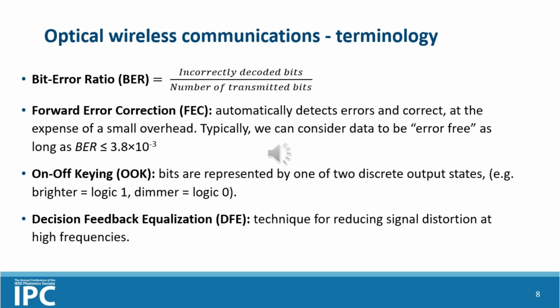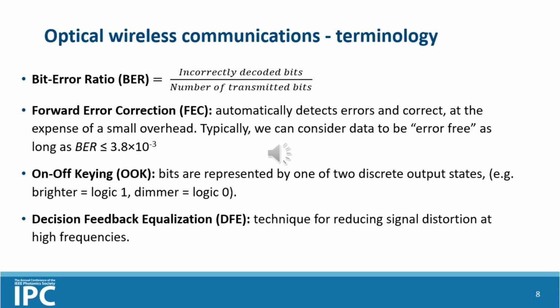Before I move on to showing you the optical wireless communications results, I'll first just introduce some of the technical terms I'll use in the subsequent slides. First is the bit error ratio, or the BER, which is simply the ratio of incorrectly decoded bits to the total number of transmitted bits. As you might expect, we want the BER ideally to be as low as possible. If there are errors present in our signal, we can use something called forward error correction, or FEC.